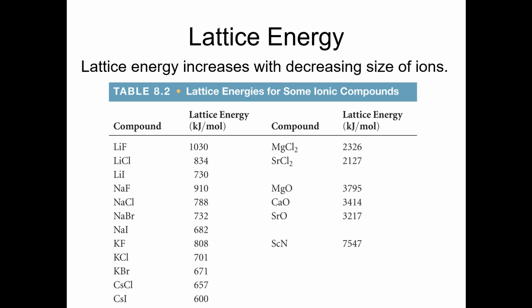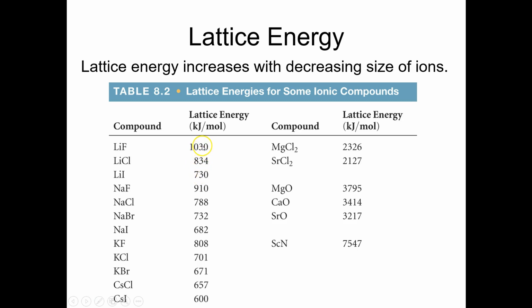The other thing to notice about lattice energies is that they are going to increase with decreasing size of ions, or conversely, they're going to decrease as the ionic size increases. So you can see what I would call homologous series here. Lithium fluoride, lithium chloride, lithium iodide all have the same cation, but the anions are getting larger, and therefore, due to Coulomb's law, because the distance is getting greater, and that's in the denominator, the energy is going to go down.